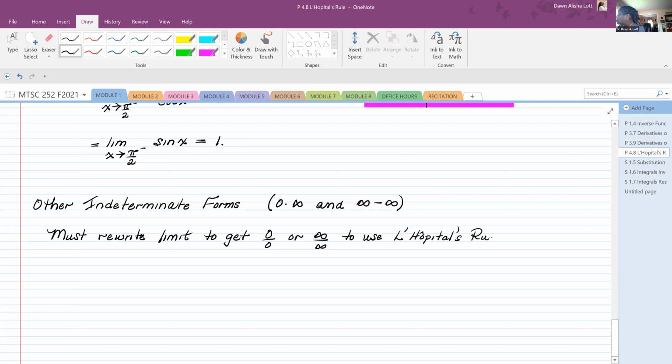So you cannot use L'Hopital's rule on 0 times infinity or infinity minus infinity. But if I do a little tweaking and make it look like 0 over 0 or infinity over infinity, then I can do it. So here's an example of that.